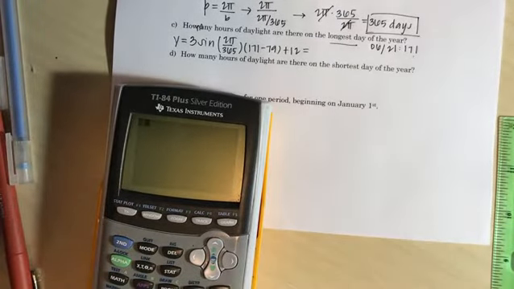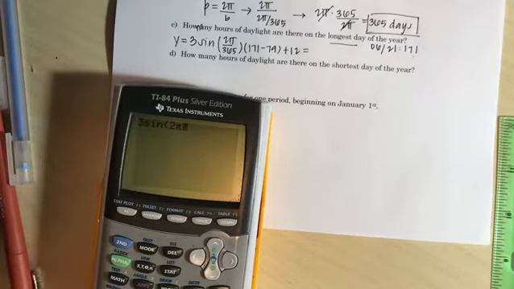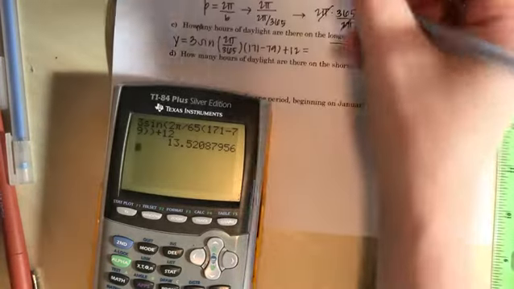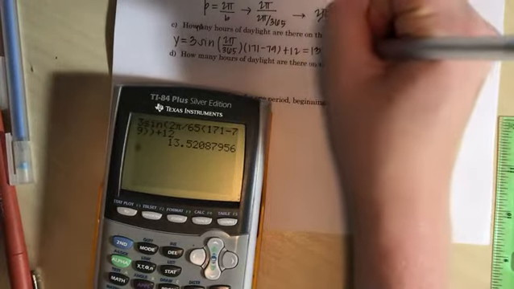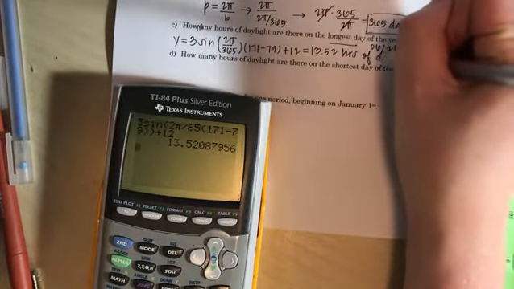Here, 3 sine 2 pi divided by 365 times 171 minus 79, and I want to be careful with those parentheses, plus 12. So I get a value of 13.52 hours, and that's going to be of daylight.